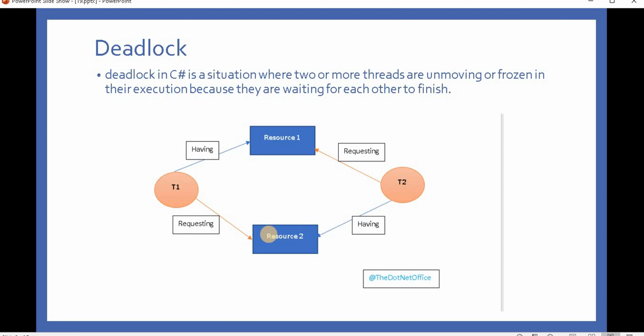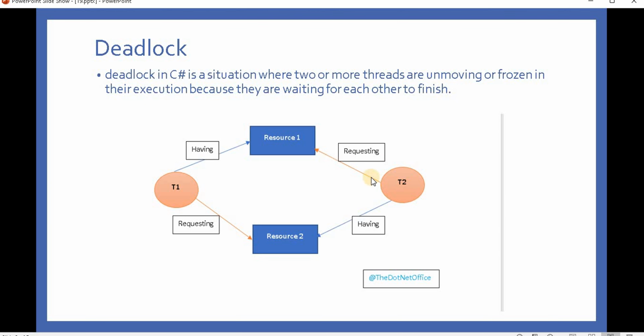T1 locks resource 1 and tries to acquire a lock on resource 2, basically requesting resource 2. At the same time, T2 acquires a lock on resource 2 and tries to acquire resource 1.